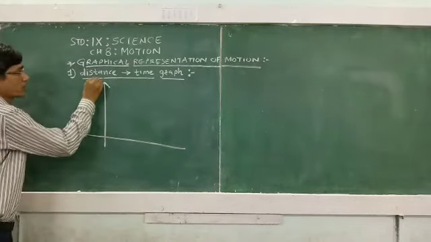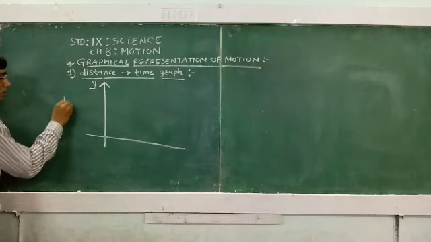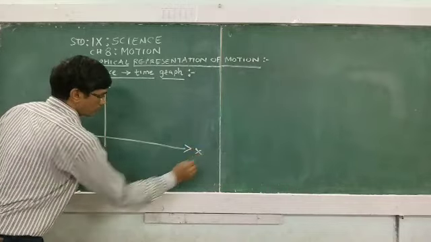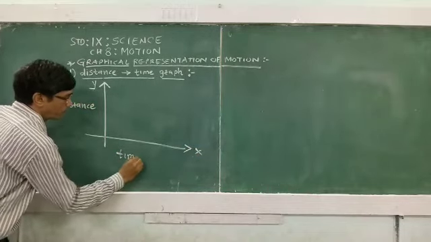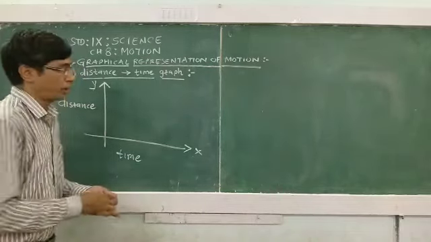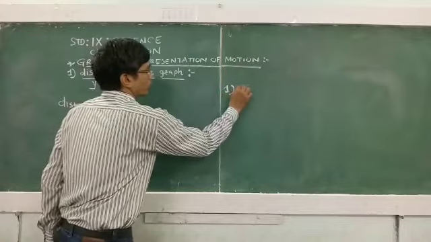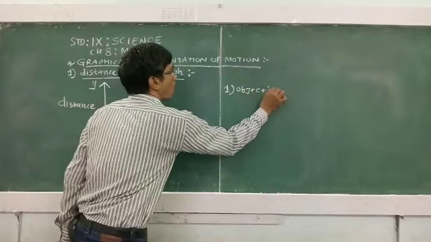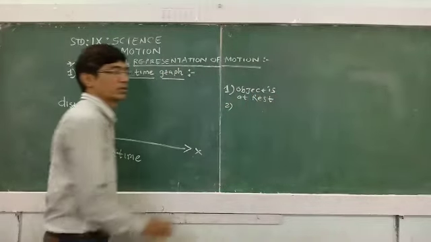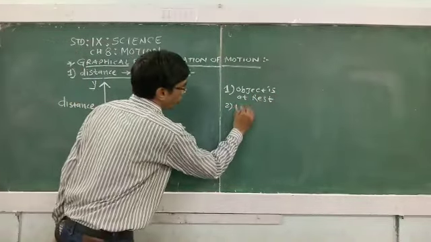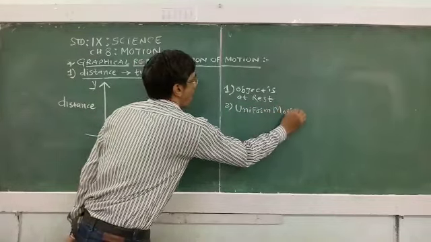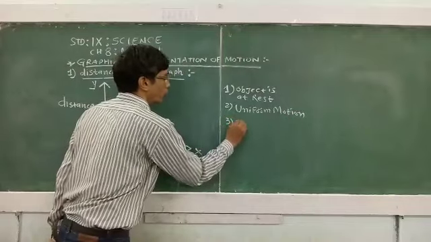Here we have three possibilities. One, the object is at rest. Second, uniform motion. And third, non-uniform motion.